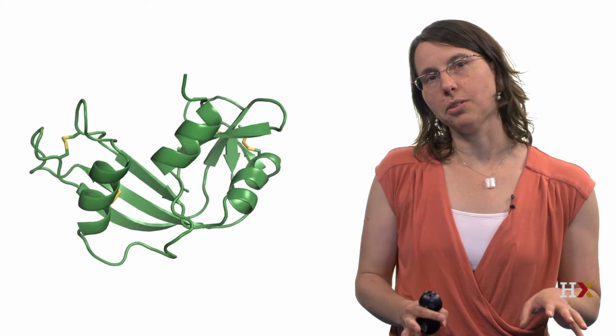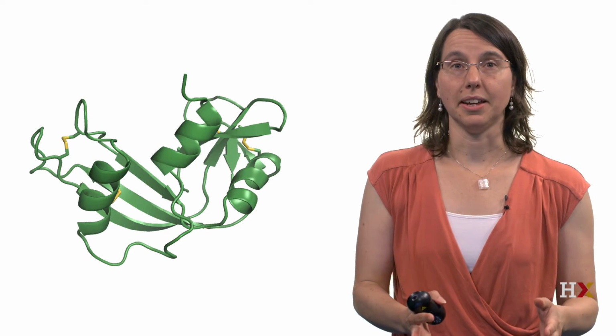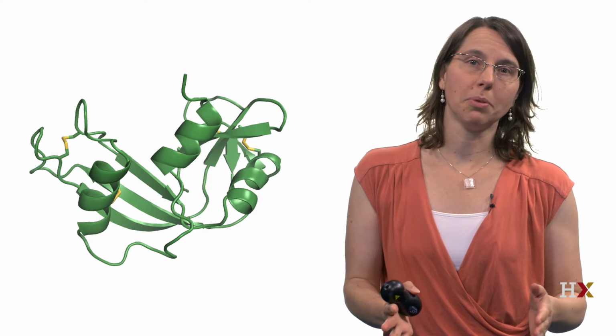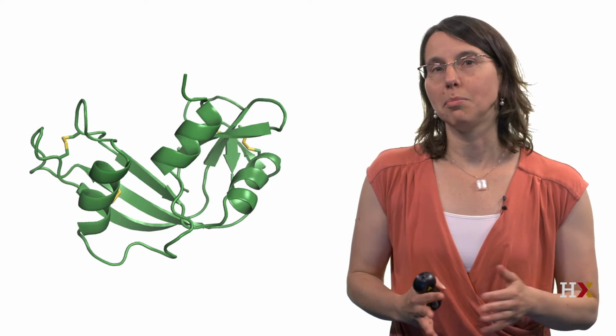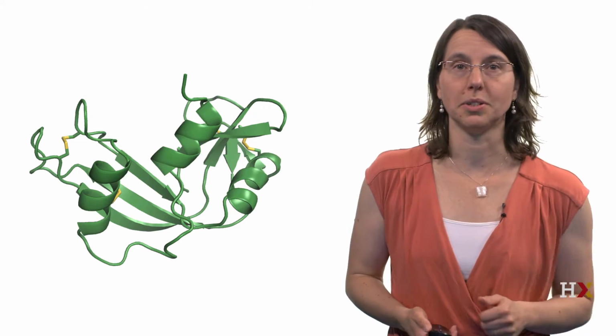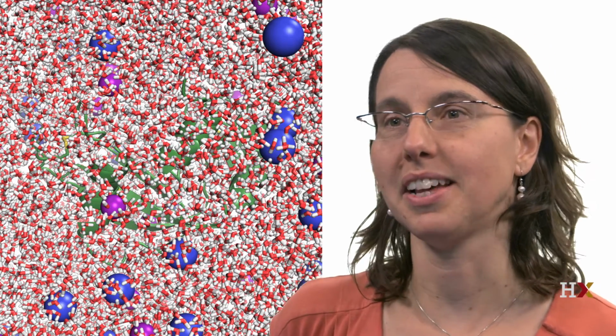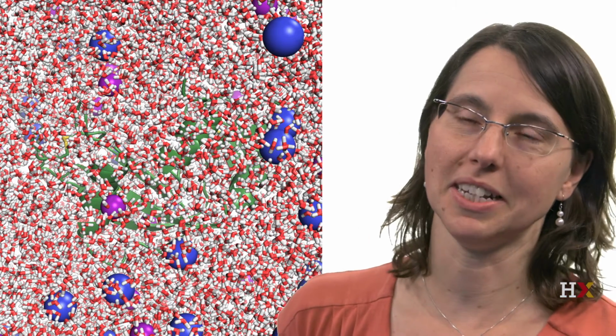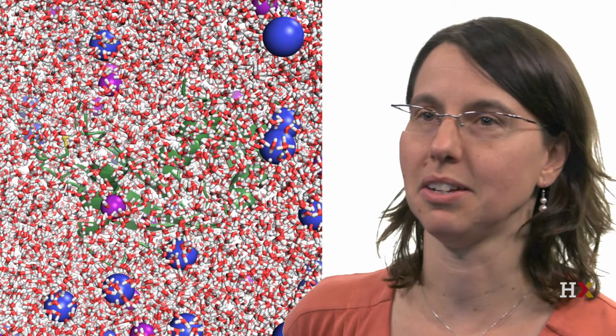So here I'm showing you a molecule of RNase A. RNase A is a small protein that is a classic model system used by protein chemists to study the process of protein folding. Now I've added thousands of water molecules, so the protein is now in its aqueous environment.